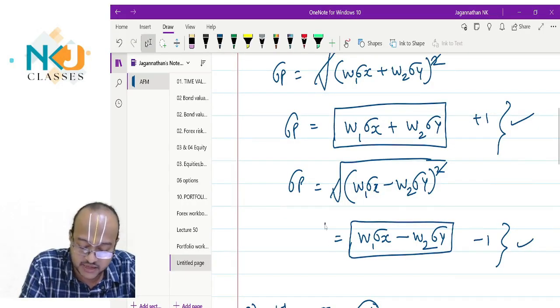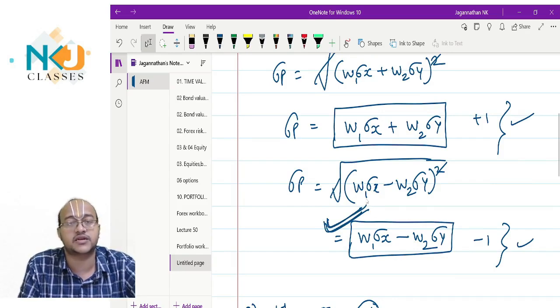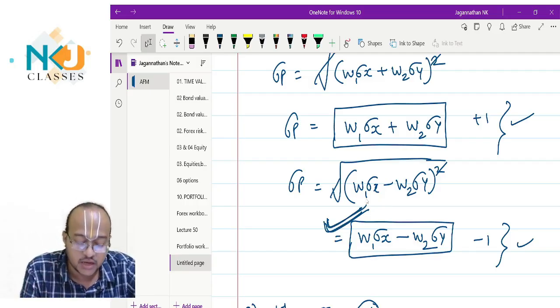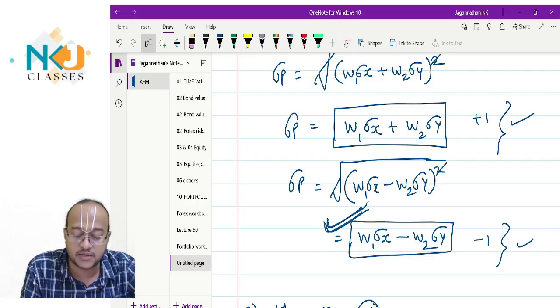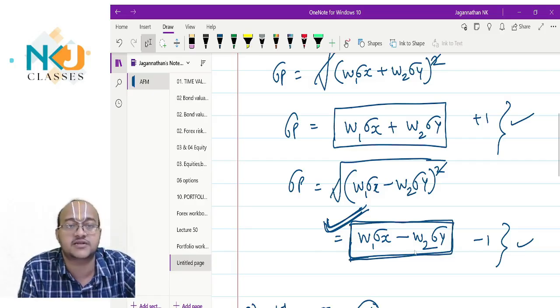When correlation is perfectly negative, exactly -1, the risk of the portfolio is nothing but the weighted average risk of the individual securities. I told you this will be your portfolio risk, correct? Are you understanding?